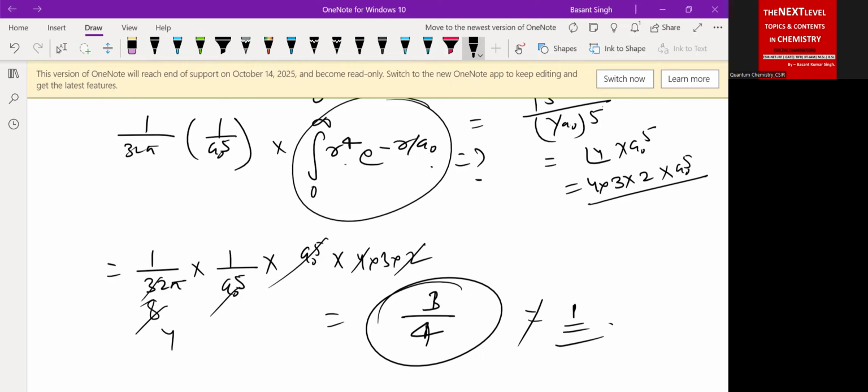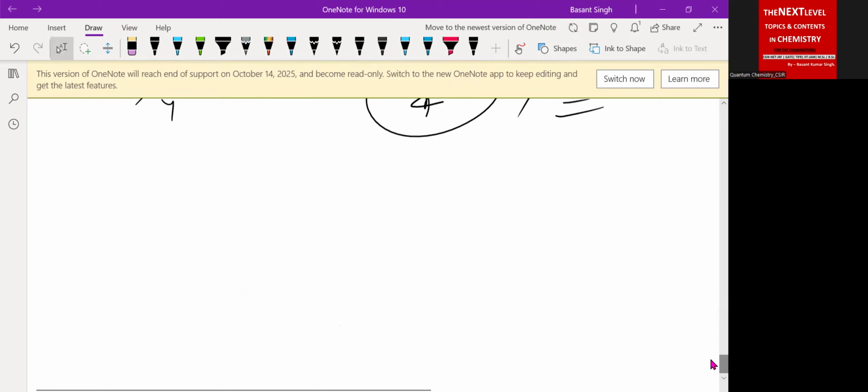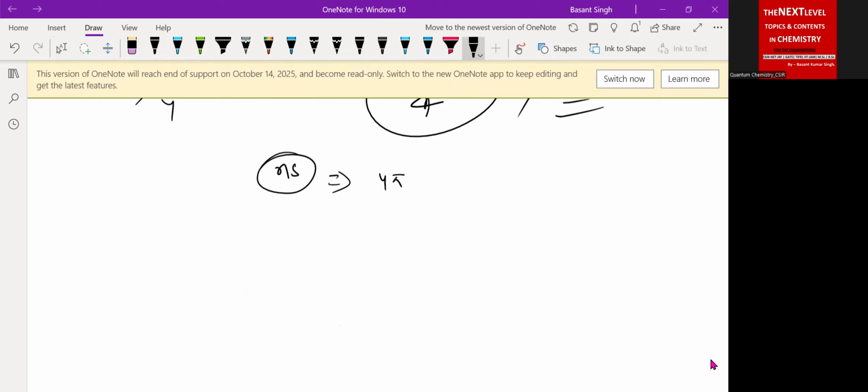So we see here that in case of ns state, we can write both terms. That is true. That is 4 pi mod psi square and r square. This is the radial probability distribution function, because this is a symmetric function.